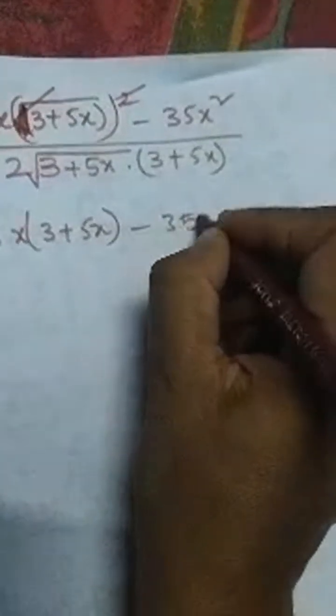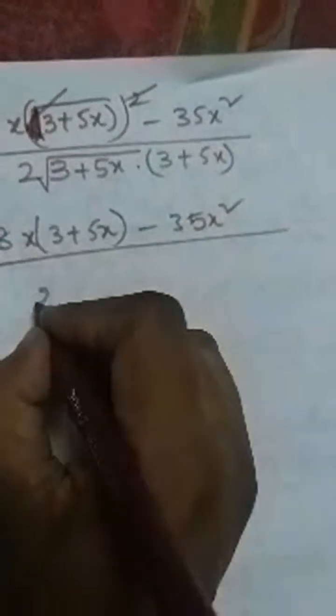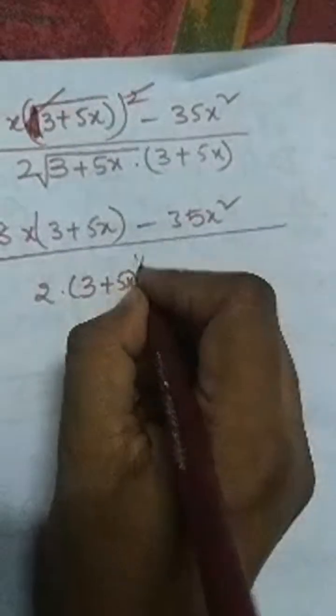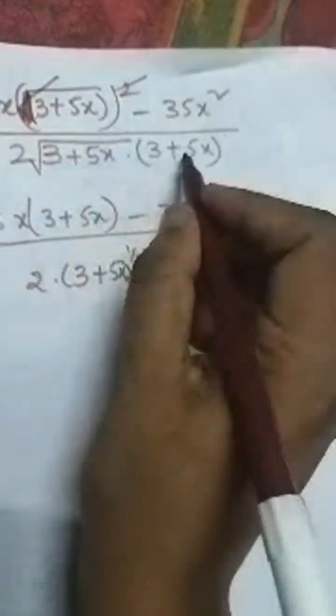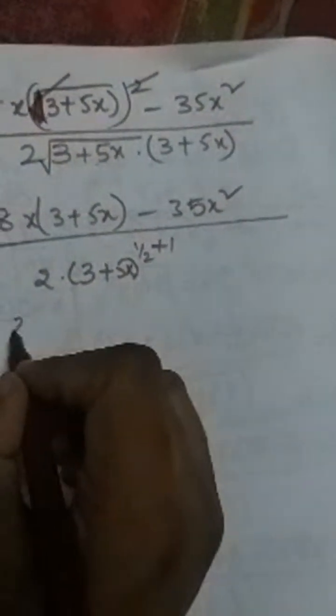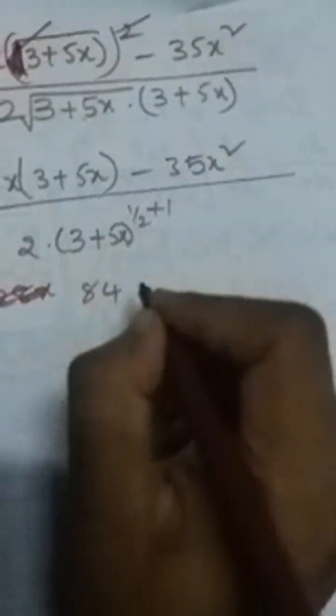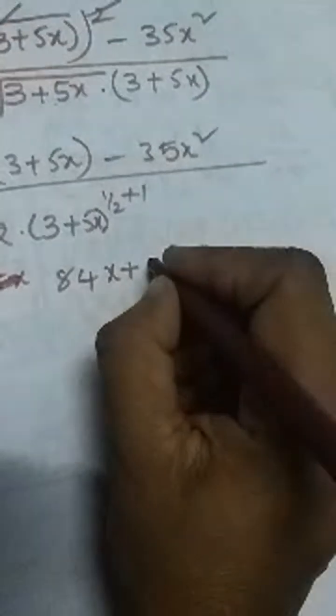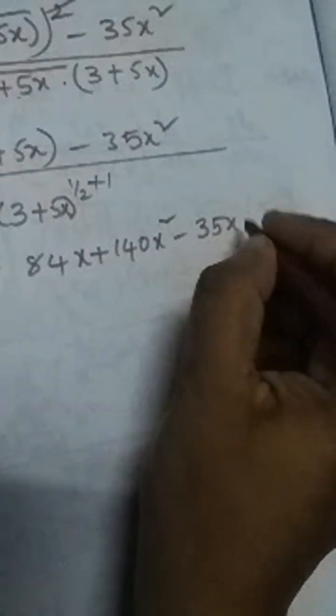Minus 35x square by 2 into 3 plus 5x whole power 1 by 2 plus 1. This is also added. Now 28x means what we are getting: 2 fours are 8, 3 fours are 12, so 84x plus 140x square minus 35x square.